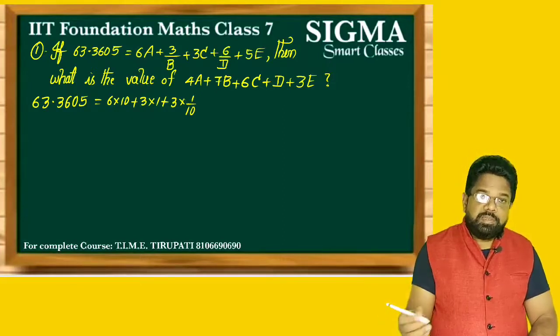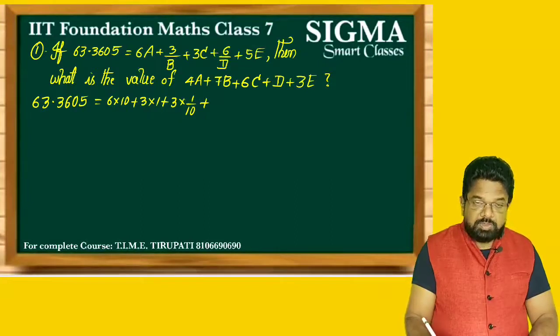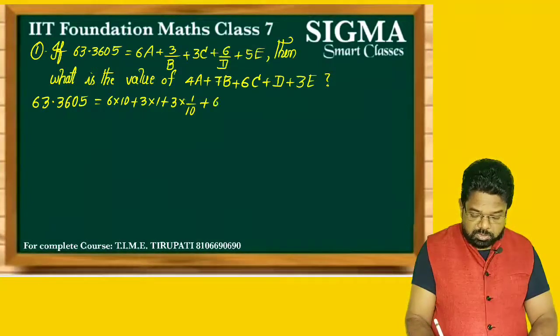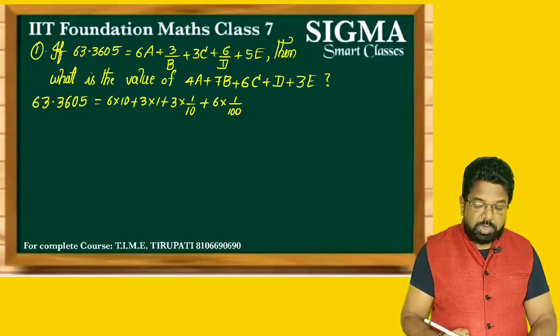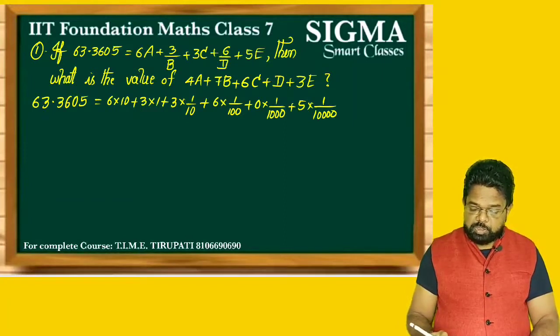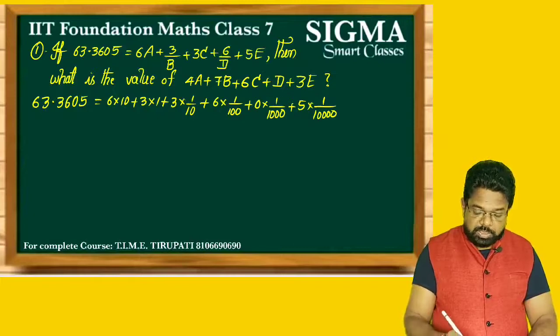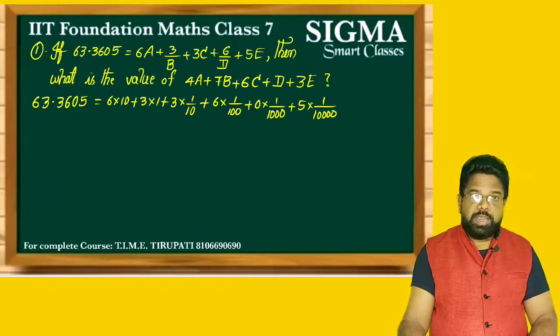Plus now 6 can be written as 6 into 1 by 100, plus 0 into 1 by 1000, plus 5 into 1 by 10,000. 1 by 10,000 means 0.0005. So by adding all this you can get 63.3605 again.